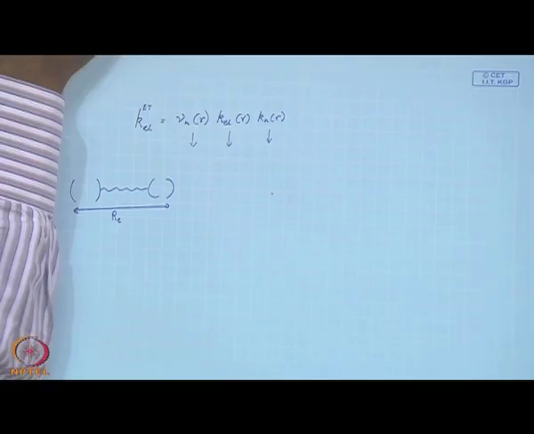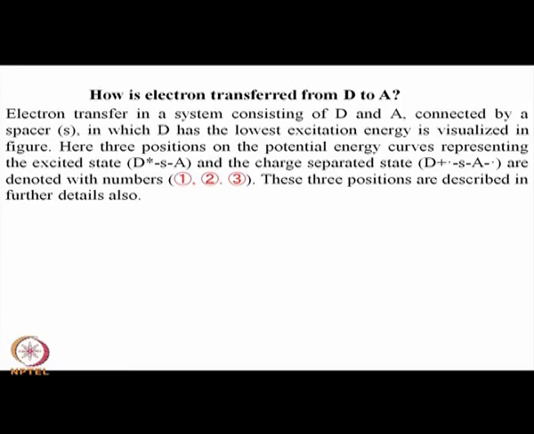Now, the question is how this electron is transferred in a system consisting of a donor and acceptor pair connected by a spacer, or a linker, or a bridge, in which D has the lowest excitation energy.